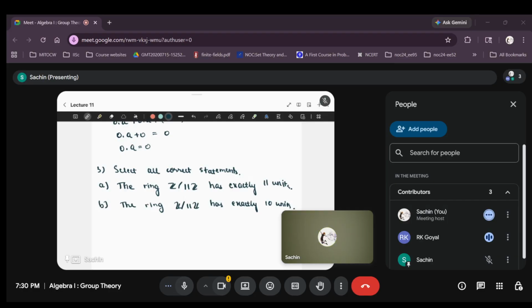Even if you consider the isomorphism, it's all numbers less than 11 and not negative, 0 to 10. So 11 elements are there, but a unit means elements having an inverse. Do all elements have an inverse in that?